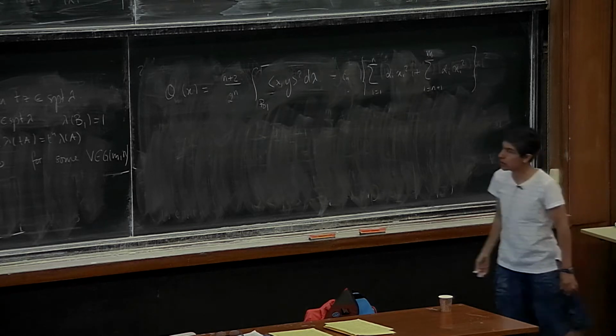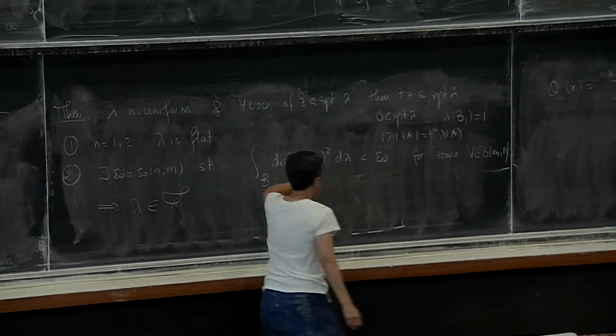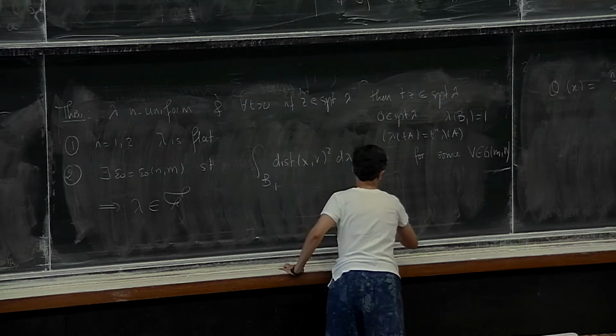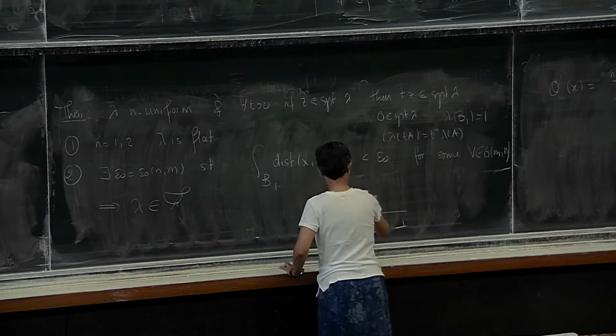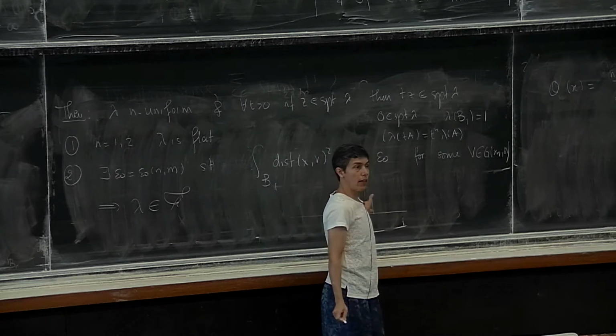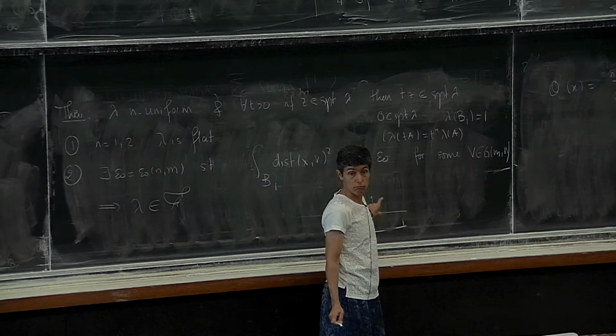And my hypothesis says, how do you measure the distance to a plane? You measure this by doing the inner product with the orthonormal vectors.